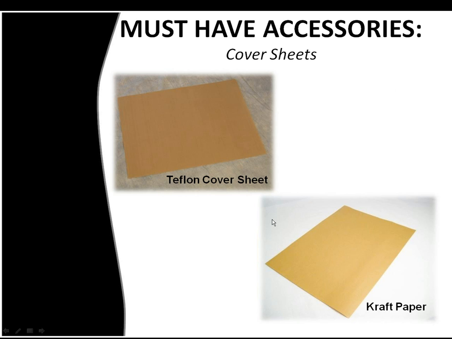Okay. Other accessories that you're going to need when you're printing with your heat press are cover sheets. And cover sheets come in a variety of shapes and sizes and finishes, but there's two basic industry standard cover sheets. You have your Teflon and you have your craft paper. And your Teflon, again, this is the Teflon sheet up here, it's going to provide you with a shiny finish on anything that you heat apply with it.